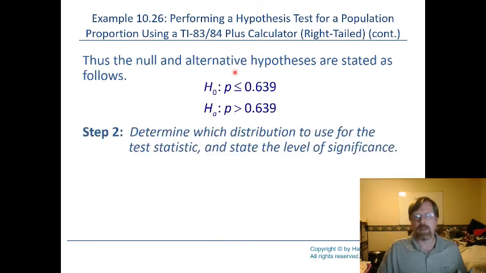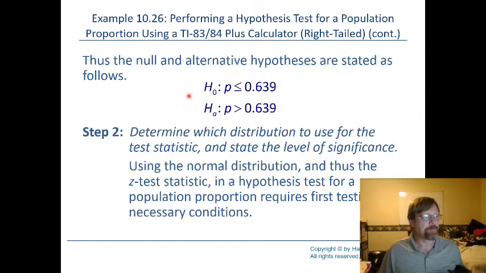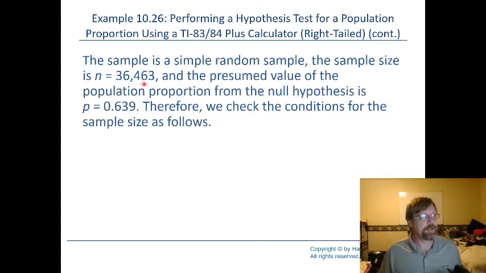What distribution do we want to use, and what's the level of significance? We're dealing with population proportions, so we need to see if we meet the necessary conditions to use the z-test. Our sample size is 36,463. The null proportion from the null hypothesis is 0.639, so we can calculate this.